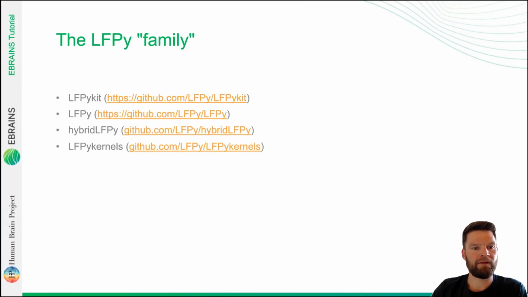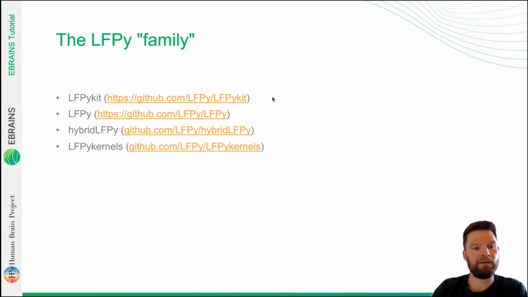A forward model simply means that it takes you forward from the simulated neural activity to the resulting brain signal. LFPykit is simulator independent and cannot in itself be used to run simulations of neural activity, only to calculate the brain signals resulting from neural activity simulated elsewhere.